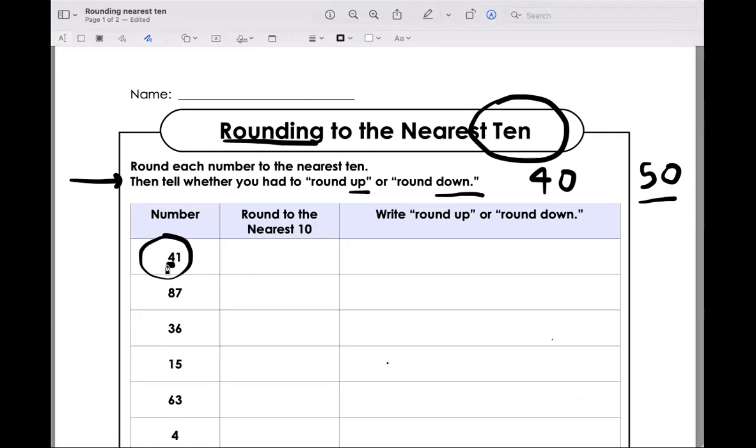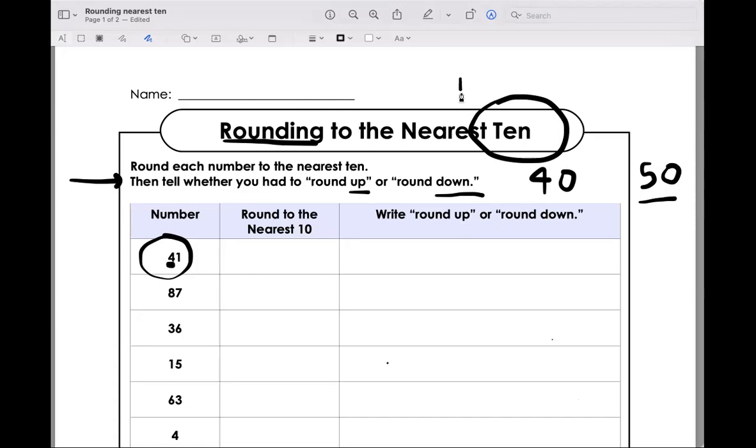The 4 is in the tens place, so that means 40. Step two is asking yourself, if I round up, what would that number be? And we would round up to 50, or do we round down and that number that's in the tens place, in this case 4, stays the same, which would be 40.